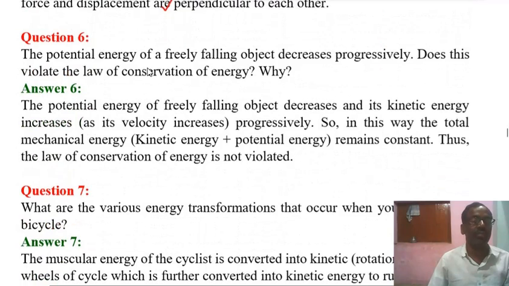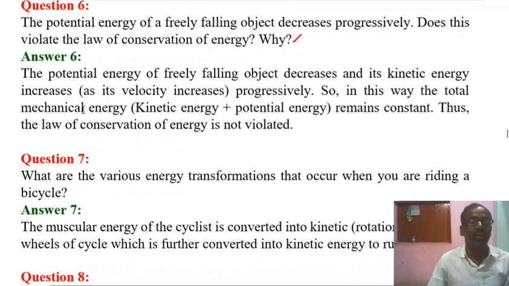Let's see question number 6. The potential energy of a freely falling object decreases progressively. Does this violate the law of conservation of energy? So see the answer of this question. The potential energy of a freely falling object decreases and its kinetic energy increases as its velocity increases progressively.